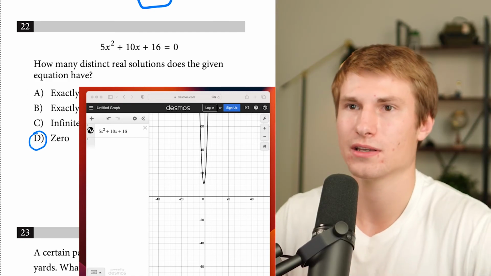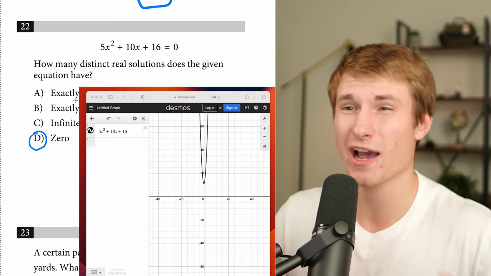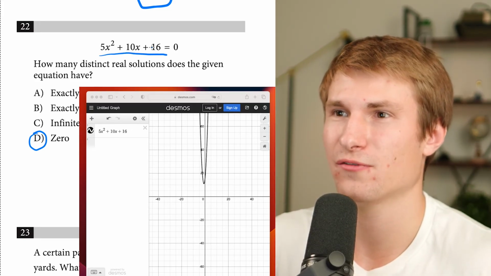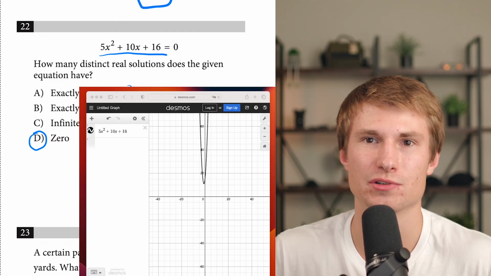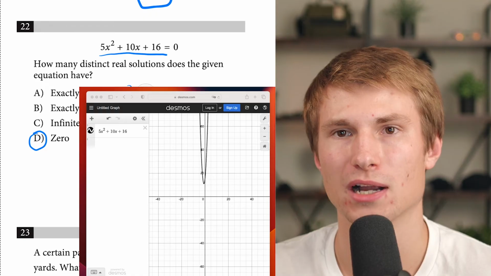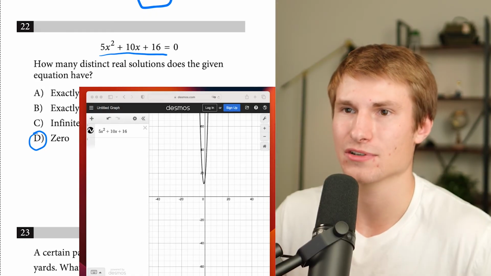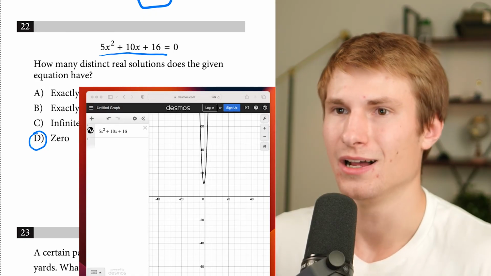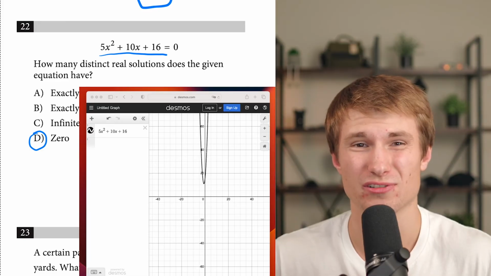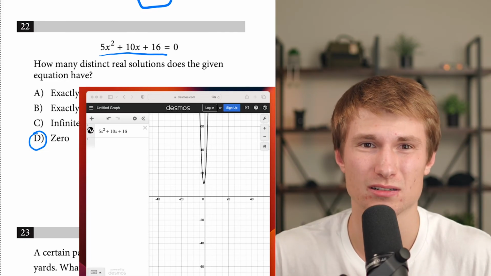So let's talk about why this is the way I recommend approaching questions where there's a fair amount of coefficients. Obviously, you could use the b squared minus 4ac method and see whatever that equals. But I think that just checking on a graph is a smarter way to do this one. There's really one simple reason why: there's less likely a chance that you make a human error or a simple mistake.